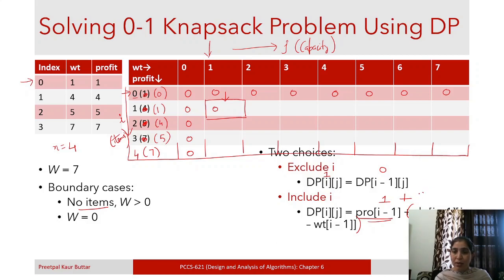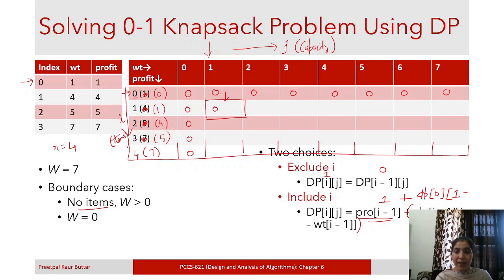Okay, so dp[i-1], that is dp[0], and the weight which is left is j. What is j here? j is 1, the capacity of the knapsack. j is 1 minus, now you have included this ith item, right? So what is the weight of the ith item?